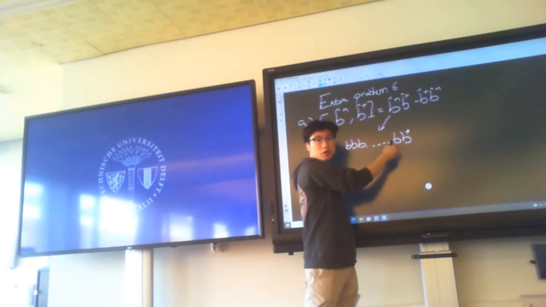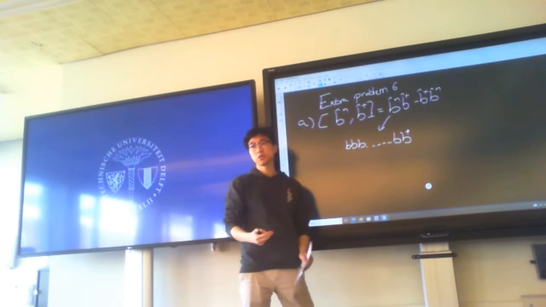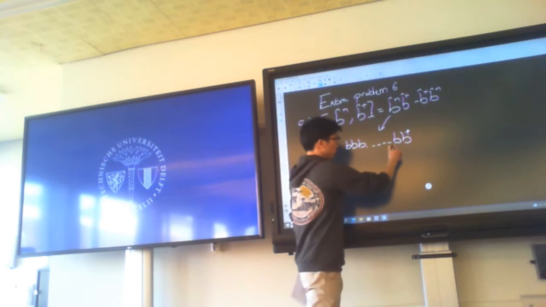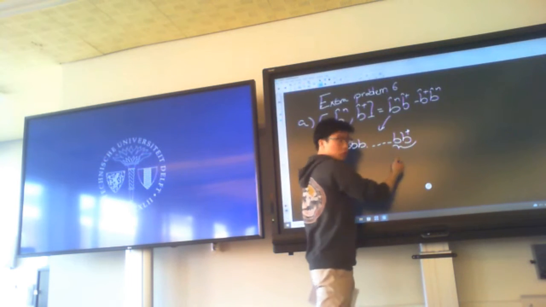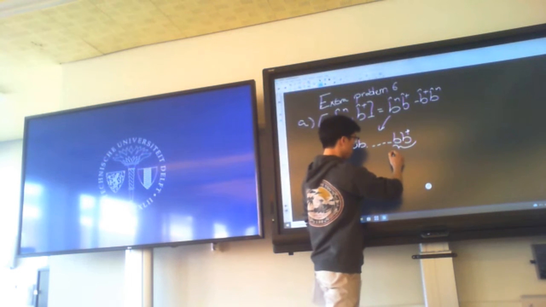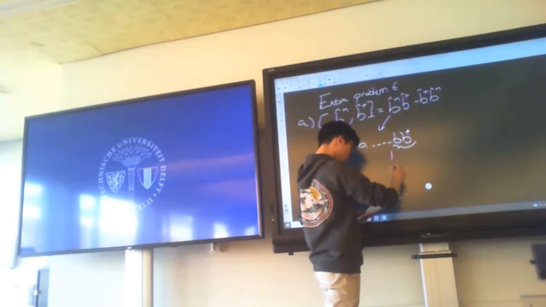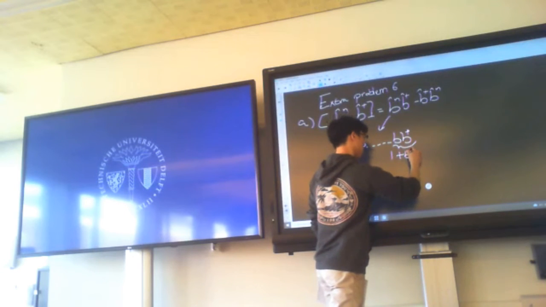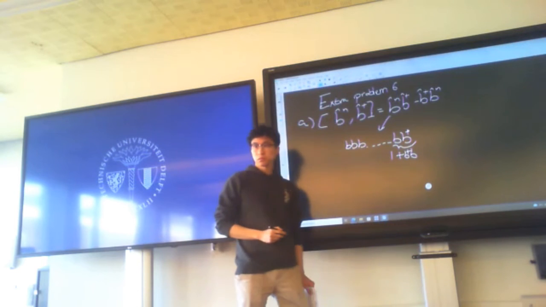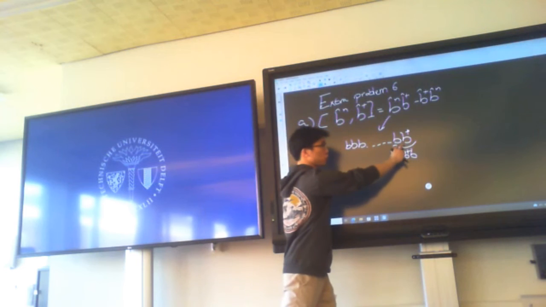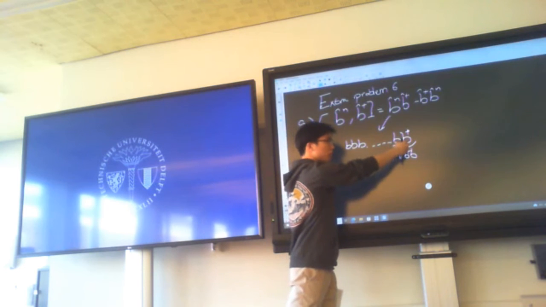But what we can do, of course, is try to swap these two with each other, because we know the commutation relation between B and B dagger, right? So because of the commutation relation with B and B dagger, this gives 1 plus B dagger B. So what happens if we try to swap B dagger with the B to the right?